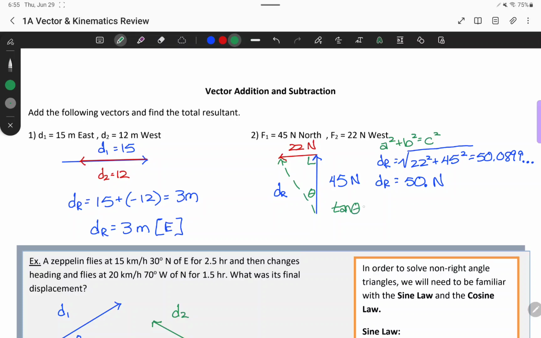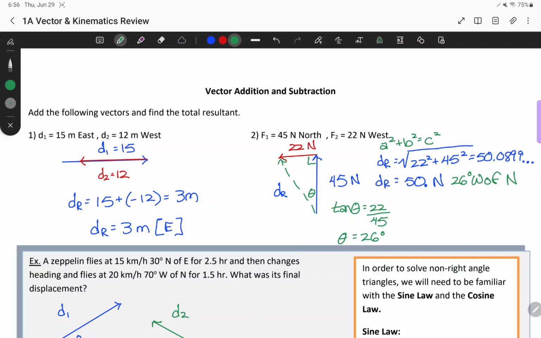Tan theta is equal to our opposite, 22, over our adjacent, 45. And you can solve for theta. And that's going to be 26 degrees. So we'll say 50 newtons, 26 degrees west of north, because you'll notice we're mostly going north and then a little bit to the west.